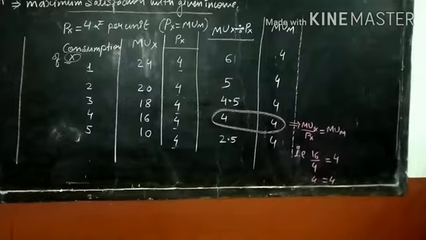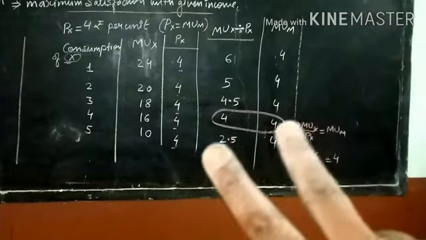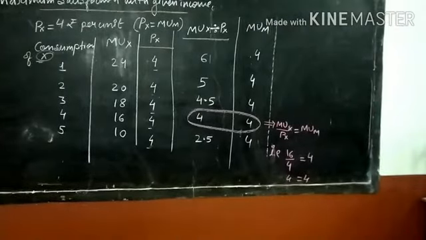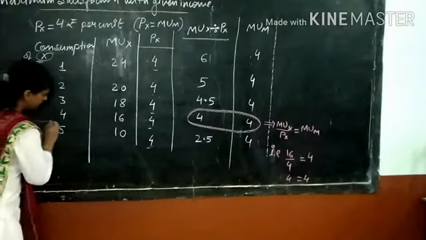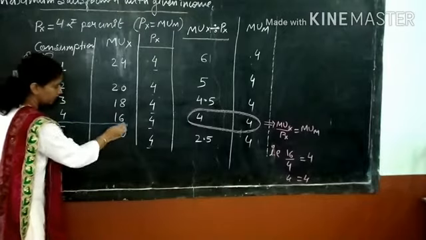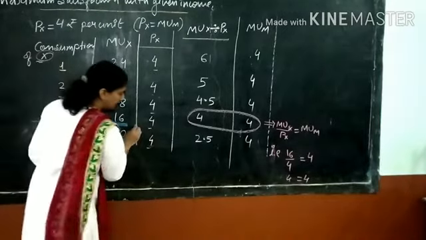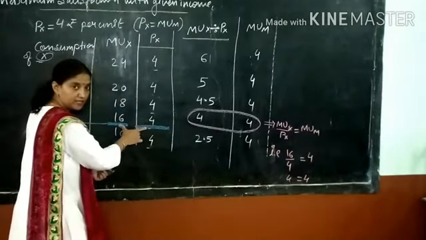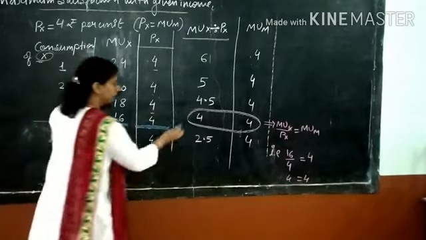Okay, तो हमारे पास में जो लास्ट के दो कॉलम्स हैं, ये दोनों कॉलम कौन से वाले? MUX वाला and the other one is MUM. If we compare these two columns, in that case we will find that at the fourth level of consumption, when the consumer is consuming 4 units, he is getting 16 utils as marginal utility and he is paying rupees 4 as the price, and the ratio of these two terms, that is 16 divided by 4, is equal to 4.